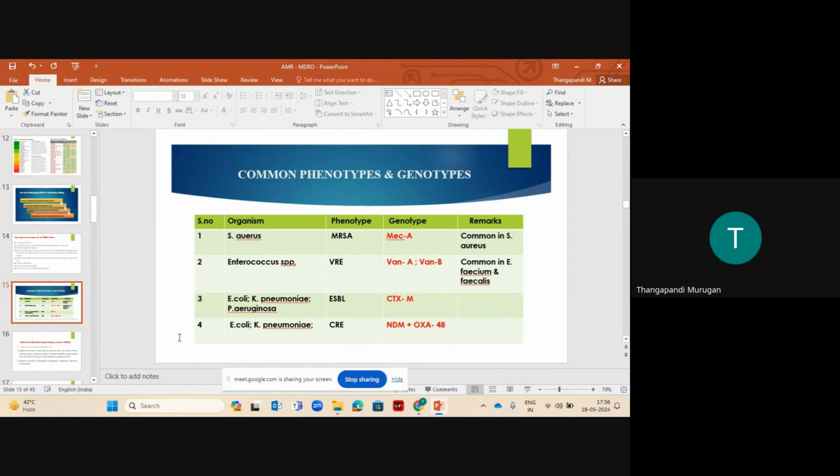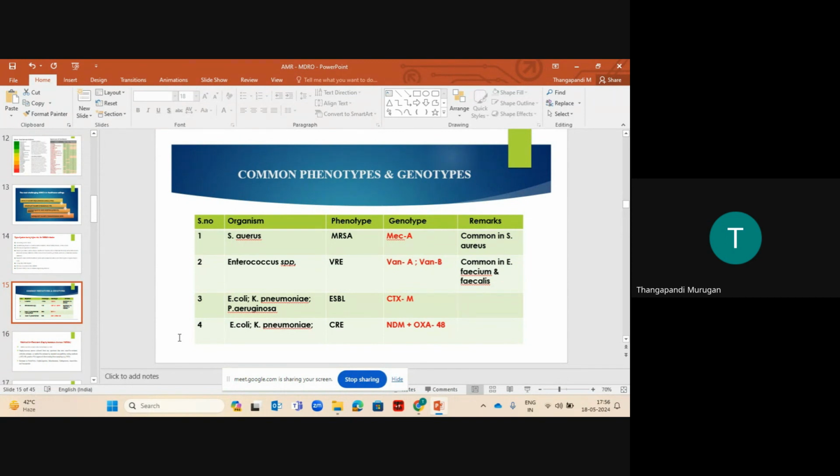And then ESBL, as I mentioned earlier, almost every microorganism can produce it, but it has been identified most commonly in this organism, CTX-M.